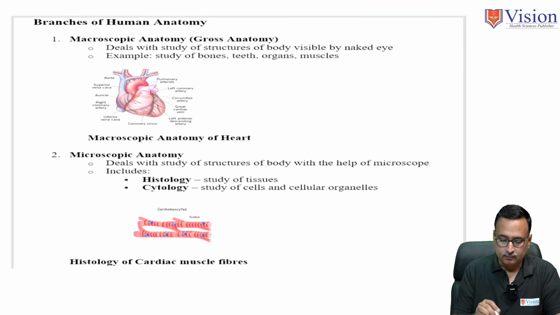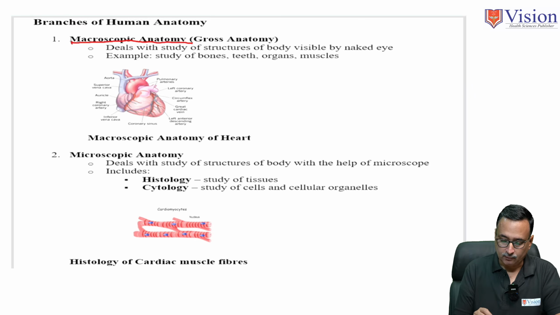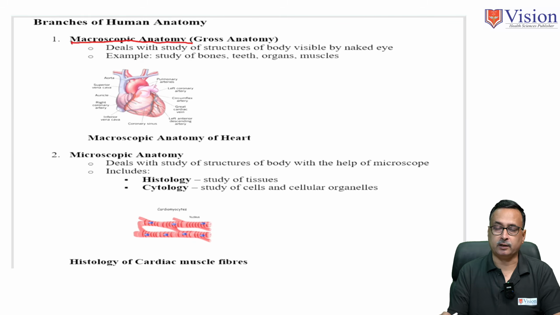First, I take up macroscopic anatomy. Macroscopic anatomy is also called gross anatomy. In this branch, the study of body parts, external morphology, and external landmarks which are visible to the naked eye are studied. For example, I have taken the example of the human heart.